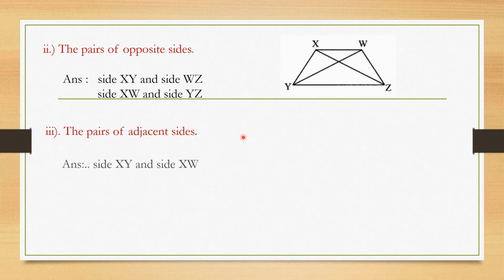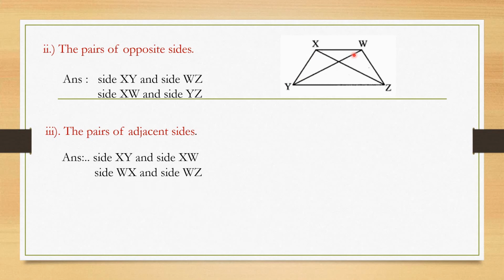Here the adjacent sides, first one, side XY and side XW. Second one, side WX and side WZ. Third one, side WZ and side ZY. And fourth one, side ZY and side ZYX.